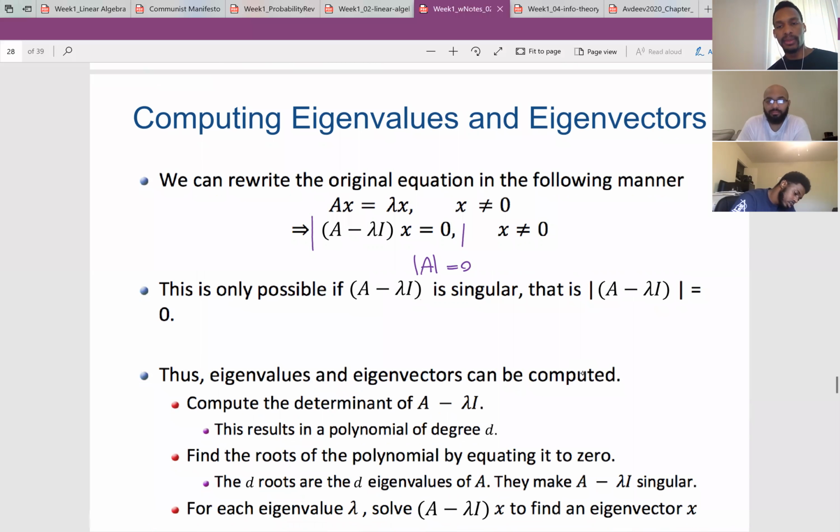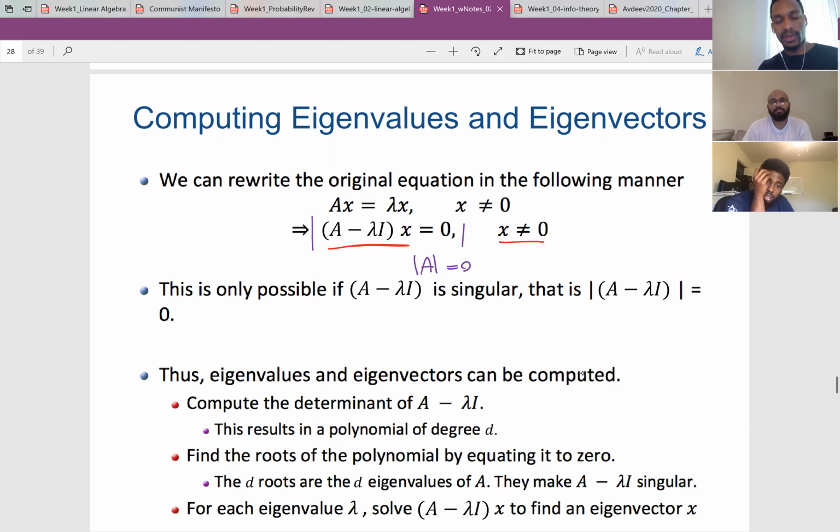And then computing them is done basically like this. To show that this works, you can subtract lambda X from both sides, and then you get something that looks like this, equals 0.